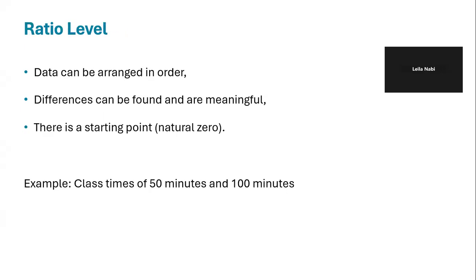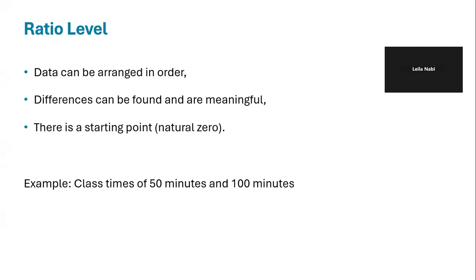And the ratio level is for data that can be arranged in order, where the difference between the data values is meaningful, and this time we have a starting point, or a 0. For example, I'm collecting data about class times. Some class times are 50 minutes, some 100 minutes, some 110 minutes.